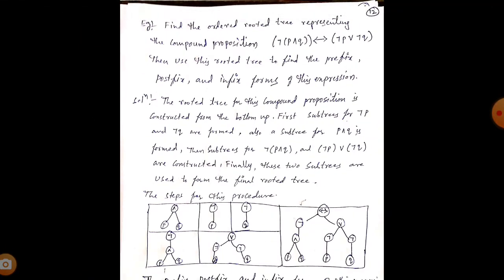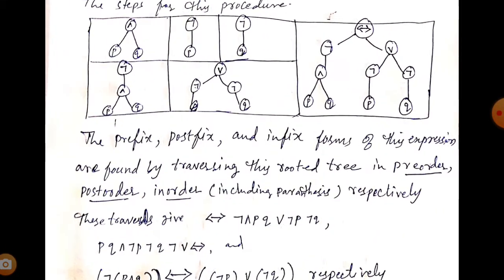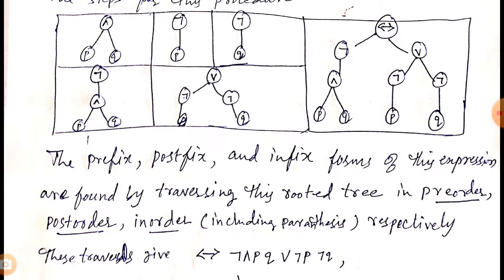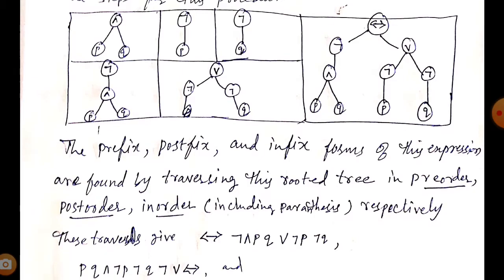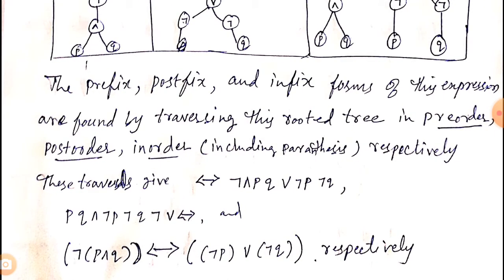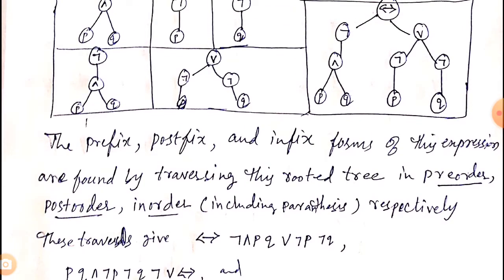You can observe this clearly. Then for this expression, the prefix, postfix and infix forms of the expressions are found by traversing this rooted tree in pre-order, post-order and in-order, including parentheses, respectively. So these traversals are given like this.